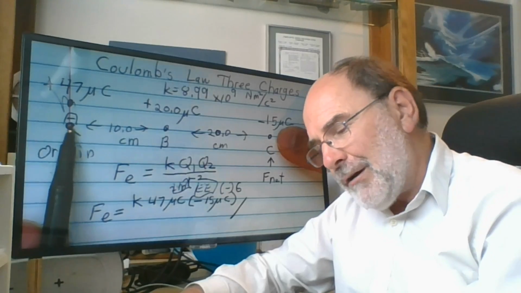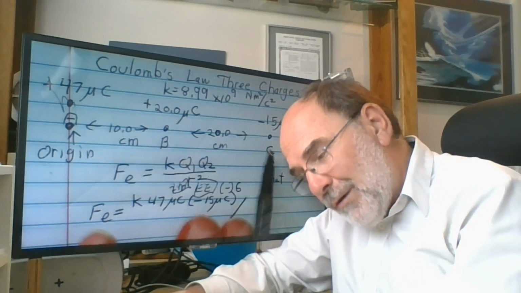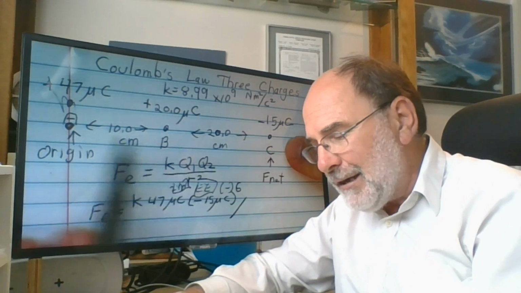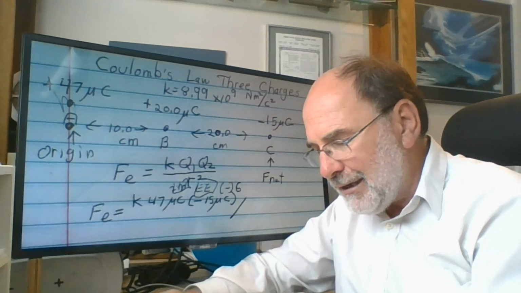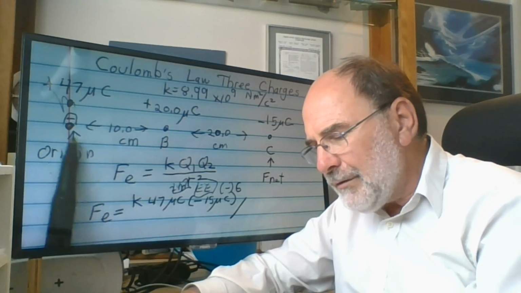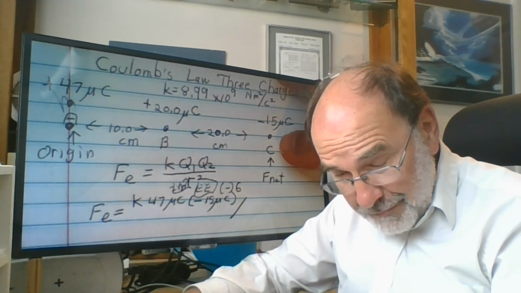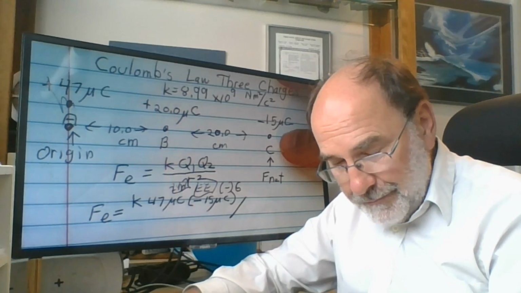First I went 10 centimeters to get to B, and then an additional 20 centimeters to get to C. I tried to suggest that on this sketch here, that this is twice that, a little short. So the total distance from A to C is actually 30 centimeters, not 10, not 20.